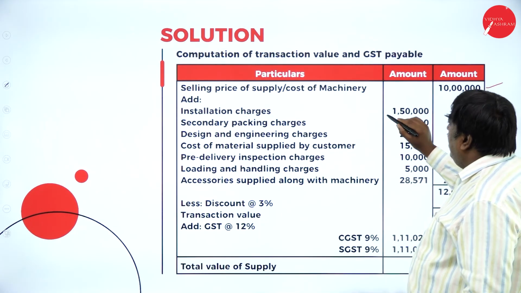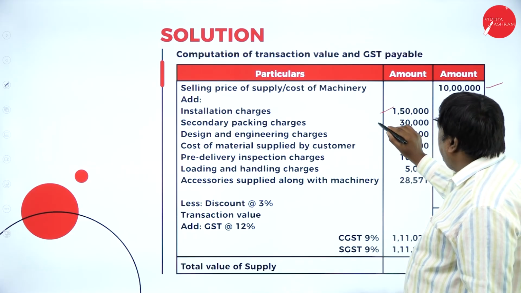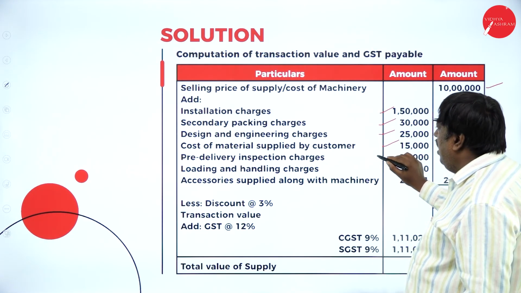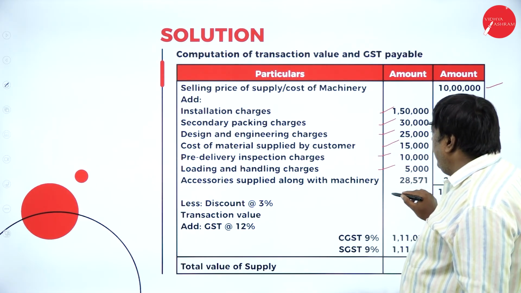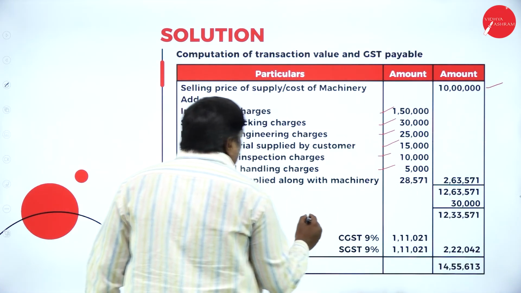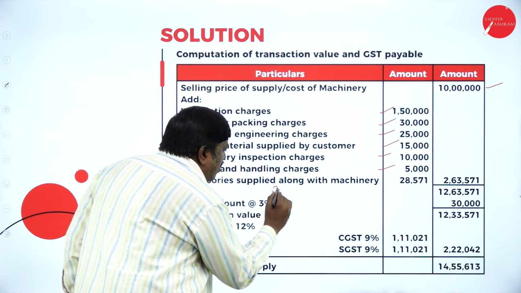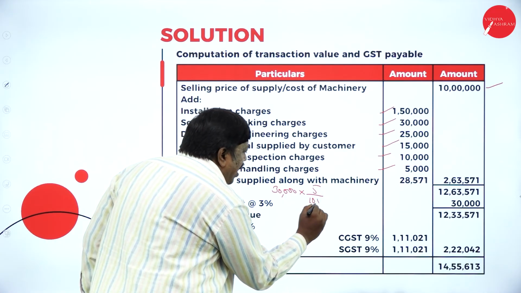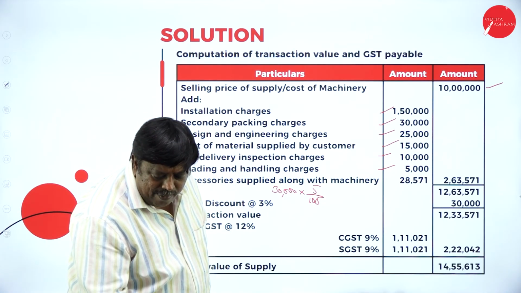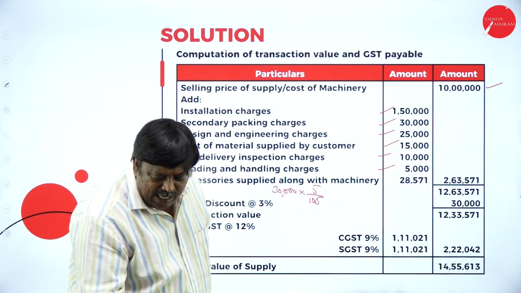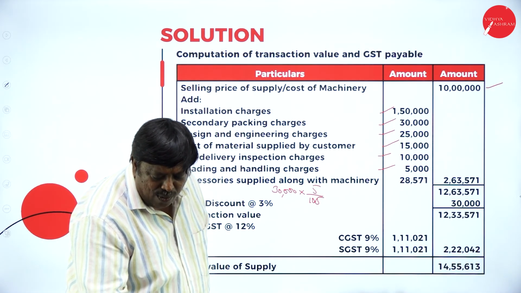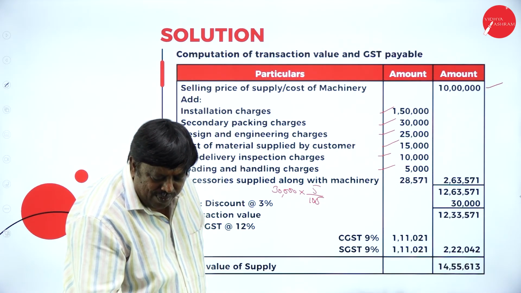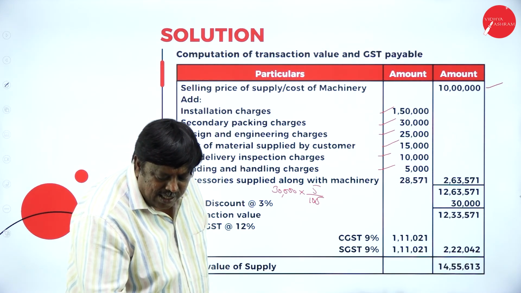10 lakhs, installation charges, secondary, design, cost of material, pre-delivery, loading. See here, 28,571. How did we get it? 30,000 into 5 divided by 105.